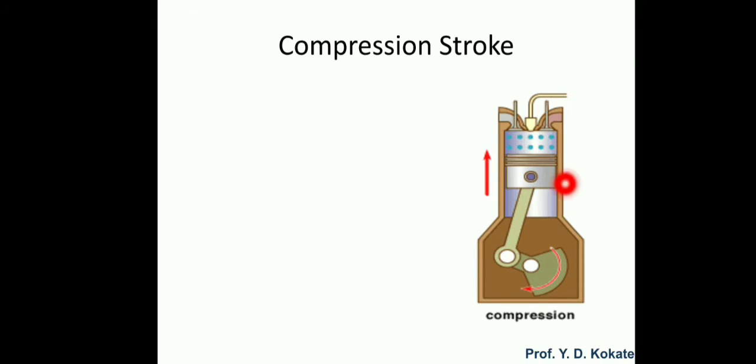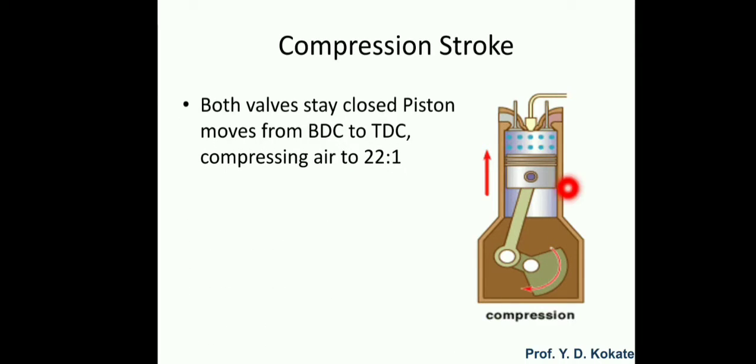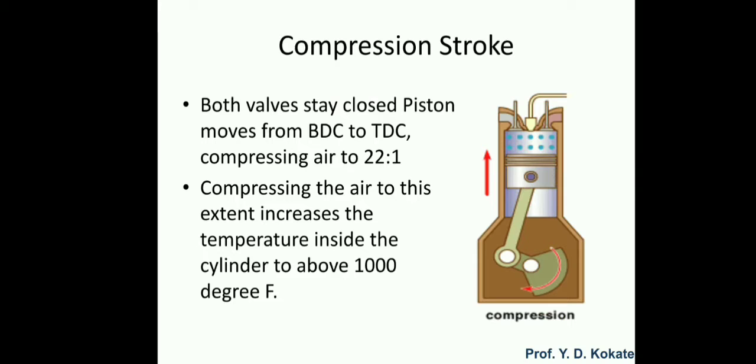In the compression stroke, you can see that this air is getting compressed because both the valves are closed. As it is compressed, the air temperature increases, to the range of 1000 degree Fahrenheit, which is very high. Once it reaches this temperature, when the piston is moving from bottom dead to top dead, the fuel, diesel, is injected with the help of this injector.